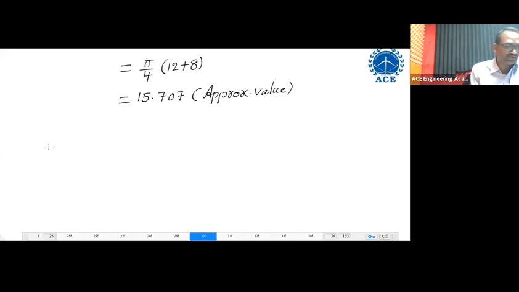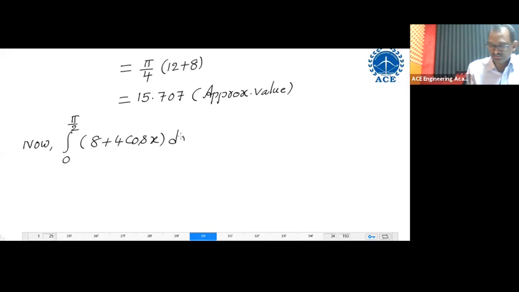Now, the exact value. Exact value means a direct integral. The integral from 0 to pi by 2 of 8 plus 4 cos x dx.